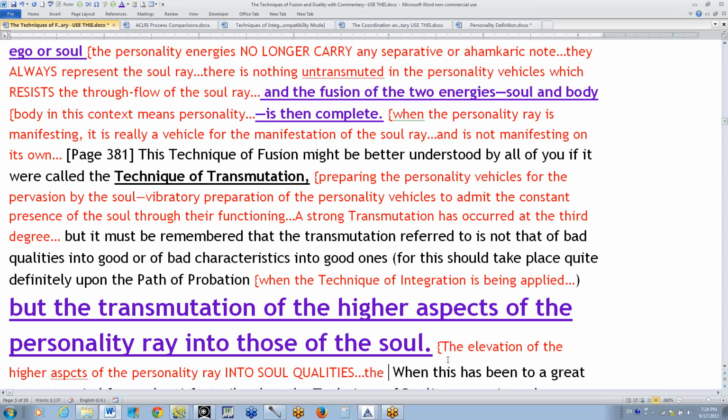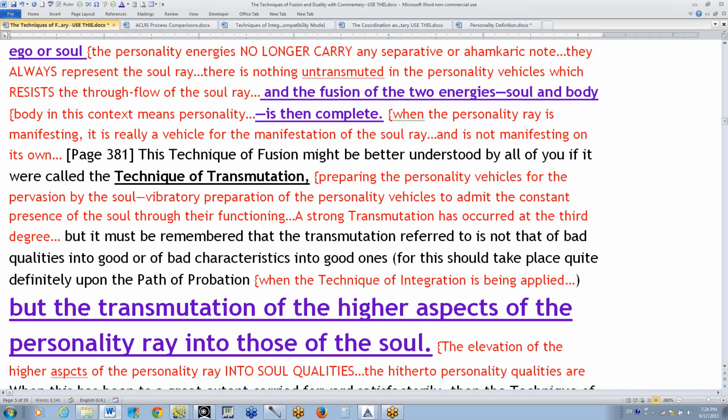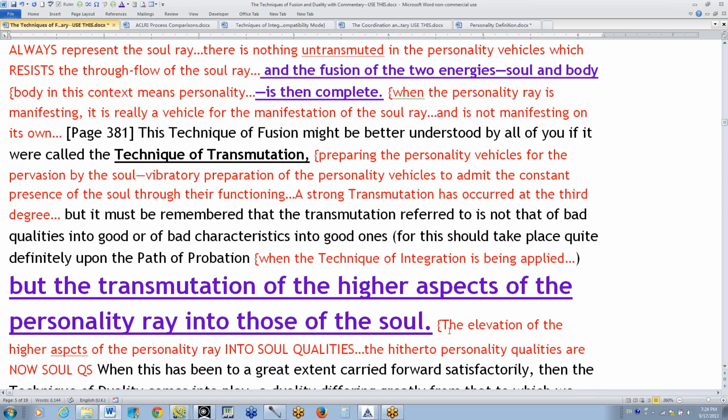The hitherto personality qualities are now soul qualities.